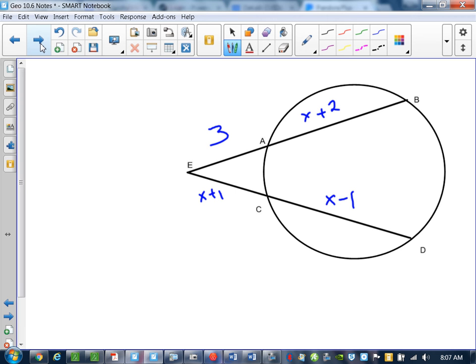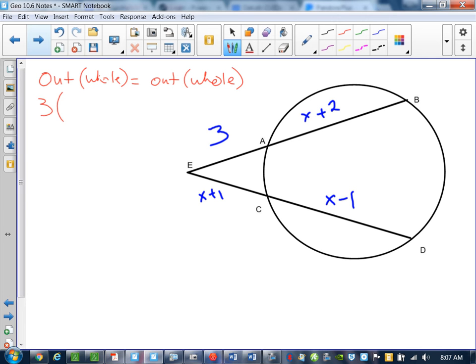All right, so again, we have the same basic diagram. You have your outside chunk times the whole thing equals the outside chunk times the whole thing. So write it out: outside times the whole is outside times the whole. First segment, what's the outside? 3. The whole thing is going to be 3 plus x plus 2.